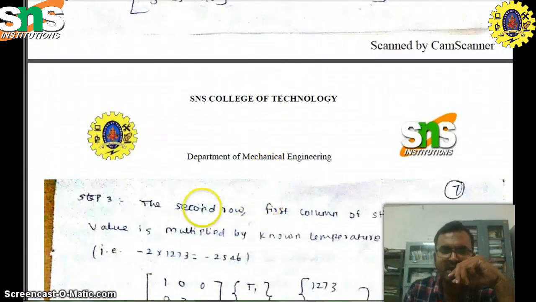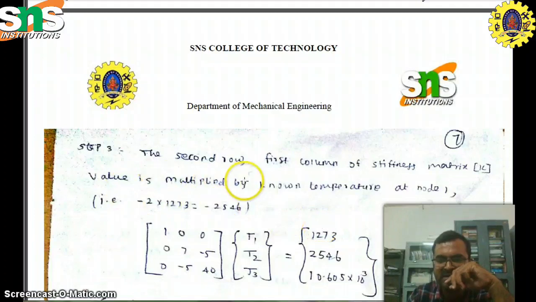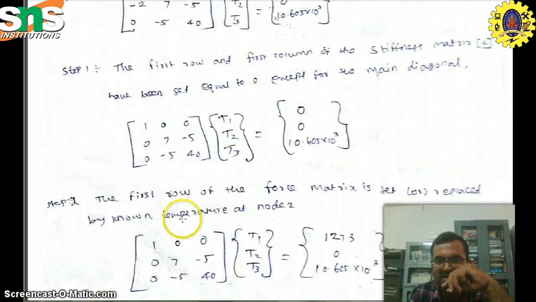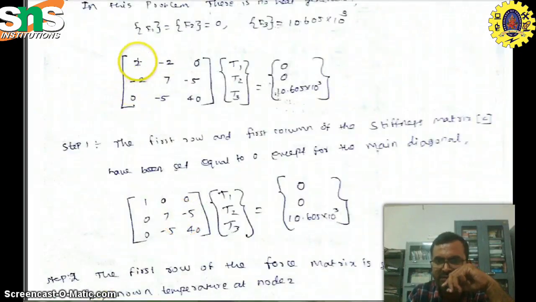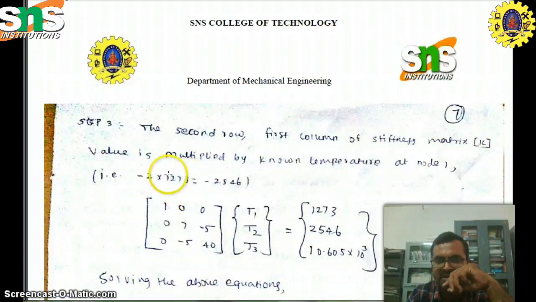The third step: the second row, first column value of the stiffness matrix K, which is -2, is multiplied by the known temperature, and we get -2546. This value is then replaced in the second force matrix, so 2546 is replaced in that second force matrix.